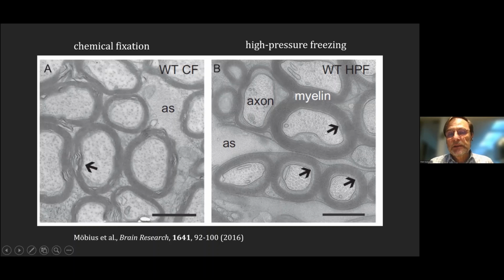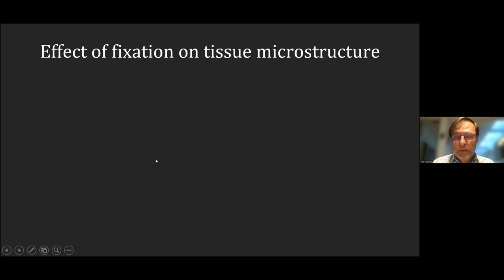You can clearly see that the high pressure freezing ideally preserves the myelin morphology and structure, whereas with the chemical fixation there are areas where you can see the loosened myelin bilayers and gaps in between the individual bilayers.